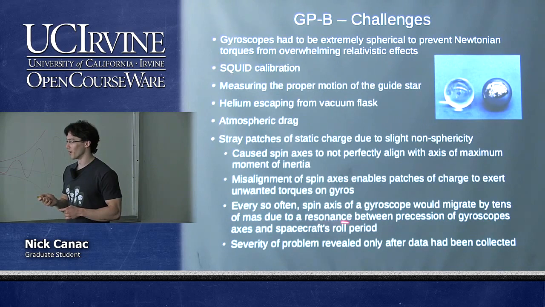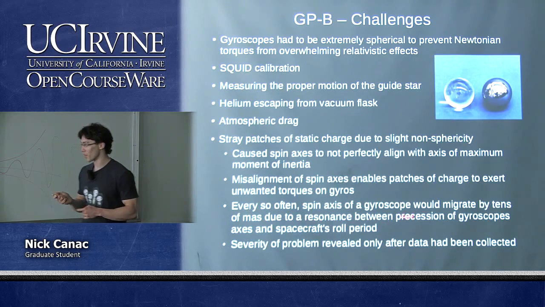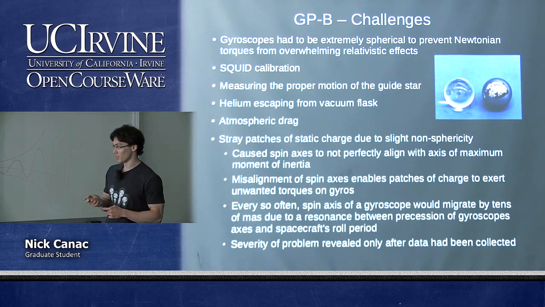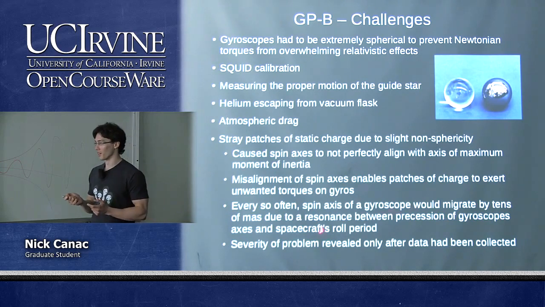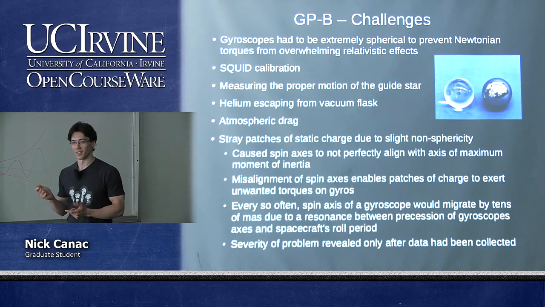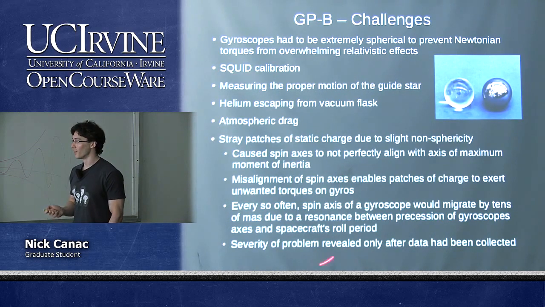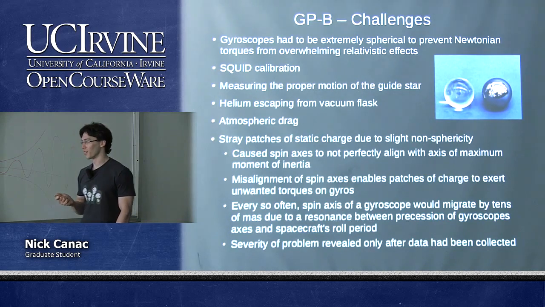And so when this rate of precession was like an integer multiple of the spacecraft's roll period, then you got this resonance, and it would cause the spin axes to precess much faster. And that was not an anticipated effect.